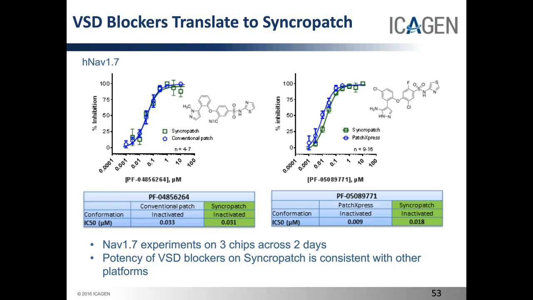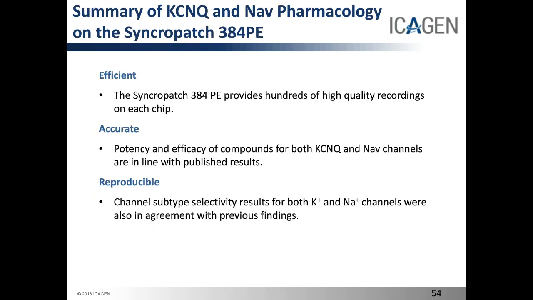So, as a summary to this, we find that for KCNQ and voltage-gated sodium channel pharmacology on the Syncropatch, the system is very efficient. The Syncropatch provides hundreds of high-quality recordings on each chip. It's accurate.